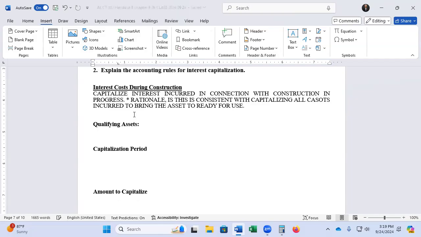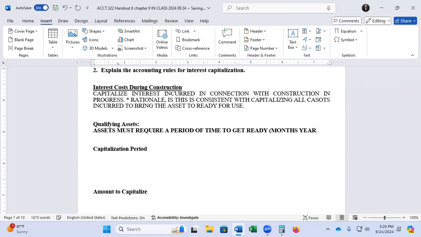Okay, qualifying assets. Assets must require a period of time to get ready.